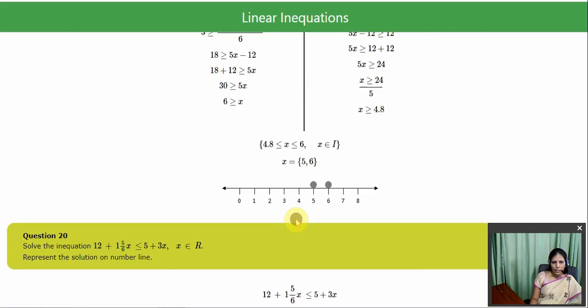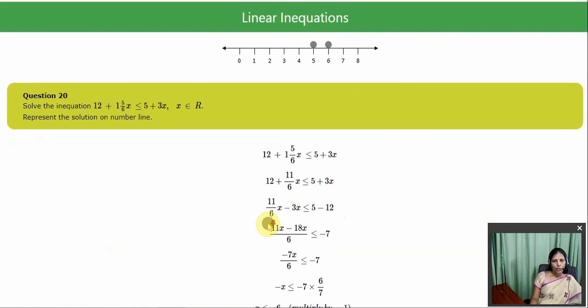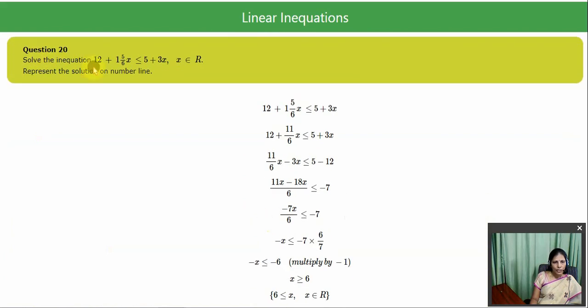Now we will see the next sum. Solve the inequation 12 plus 1 5 by 6x is less than or equal to 5 plus 3x and x belongs to R. What is this R? R is real numbers. The smallest number system is natural numbers, and a little bigger than that is whole numbers, and the next bigger number system is what?